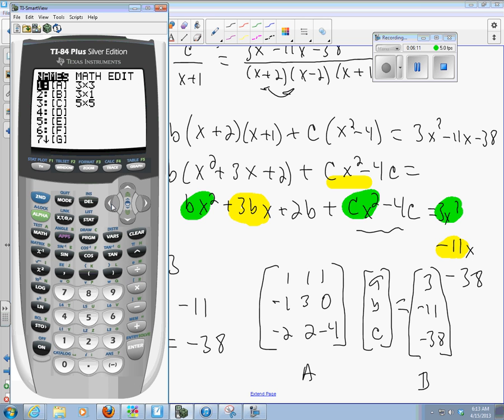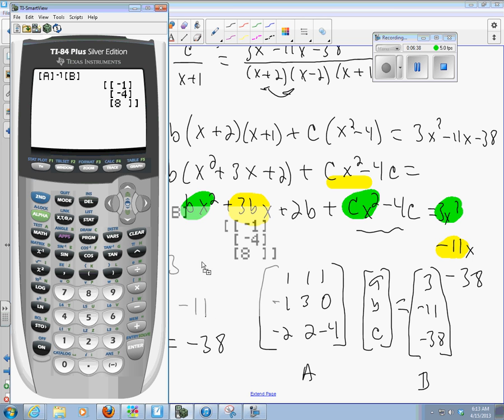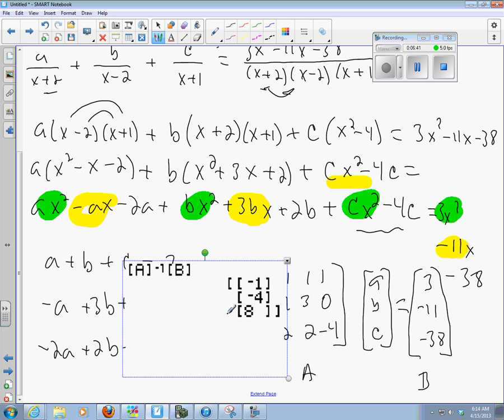Second matrix B, I'm going to edit. Make sure I have that in right. That's 3 rows, 1 column, and I've got those numbers in right. Okay, so then let me clear this. I'm going to grab matrix A, find the inverse of it, grab matrix B, and multiply them. So that's what the calculator is telling me the coefficients are.